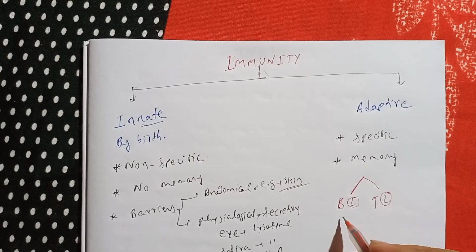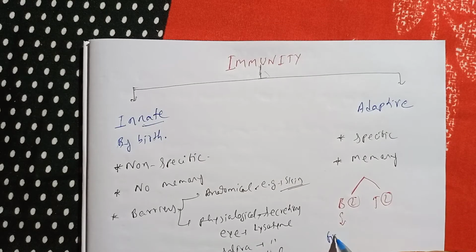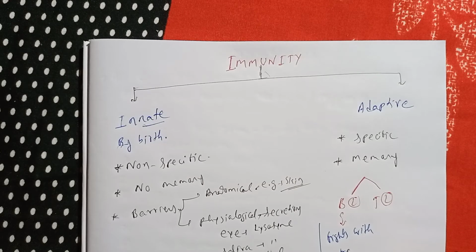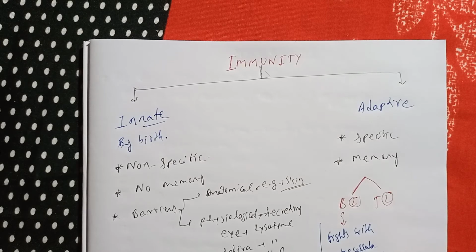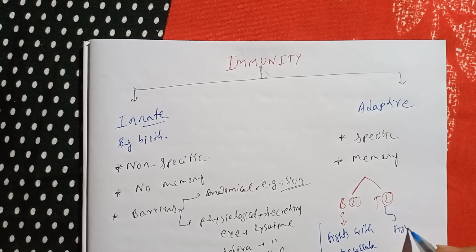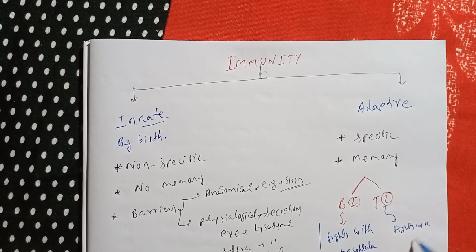The B lymphocyte fights extracellular microorganisms, and the T lymphocyte fights intracellular microorganisms.